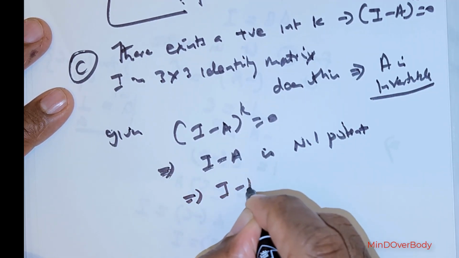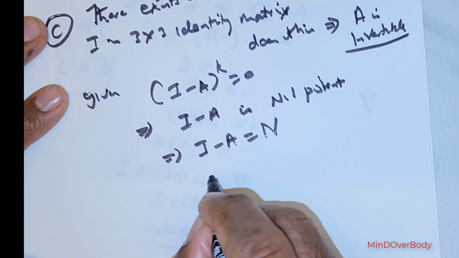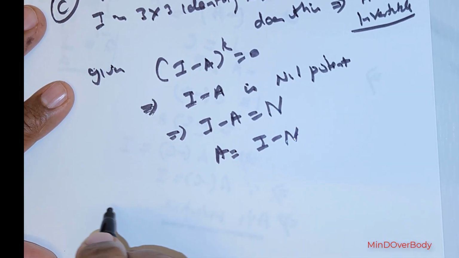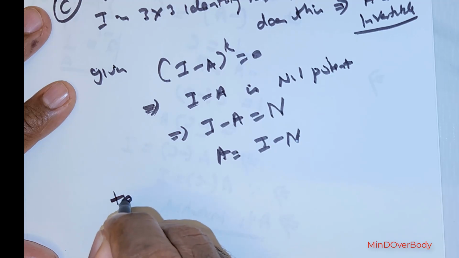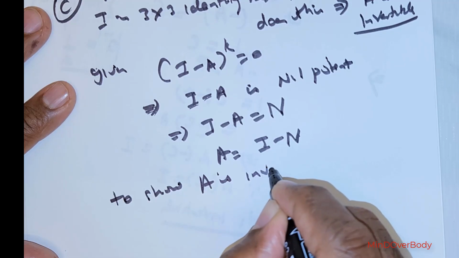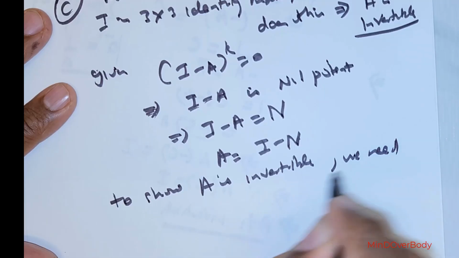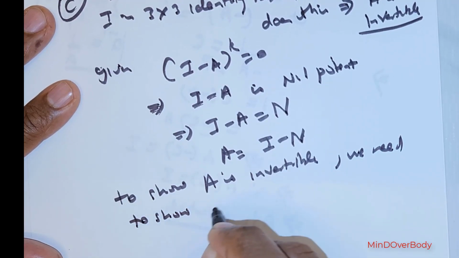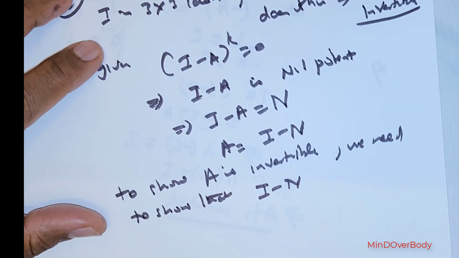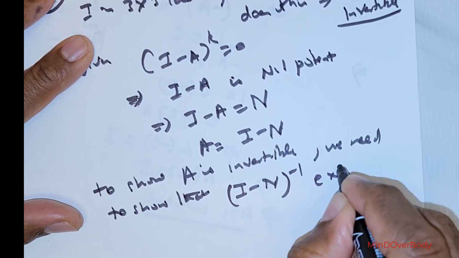So this means if I were to take I minus A equal to some N, I have A equal to I minus N. Now to show A is invertible, we need to show I minus N raised to the power of minus 1 exists.